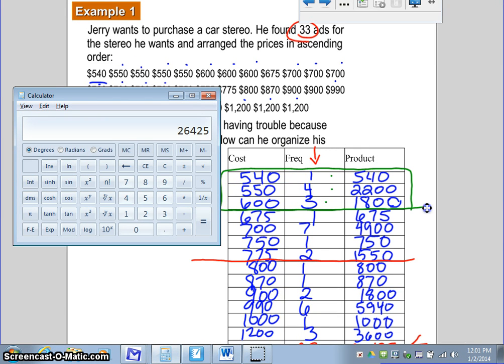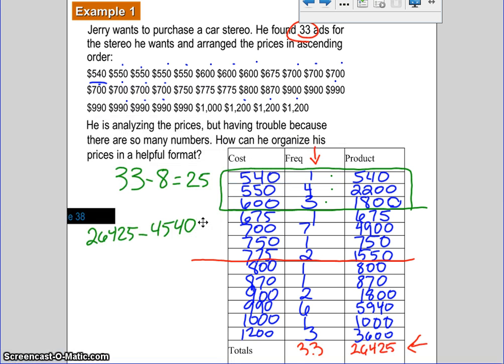So we had 26,425, and we just subtracted out 4,540. So our new value is 21,885.